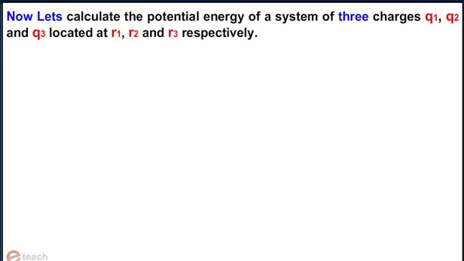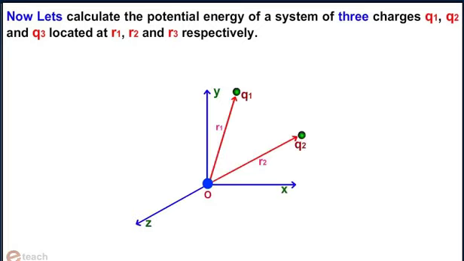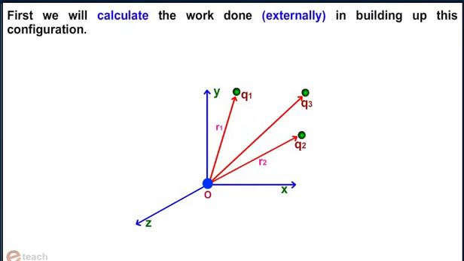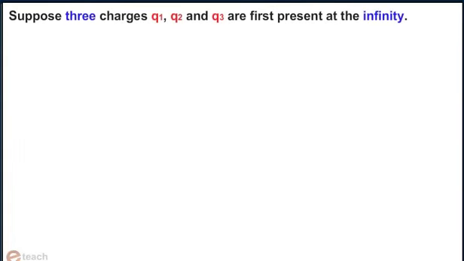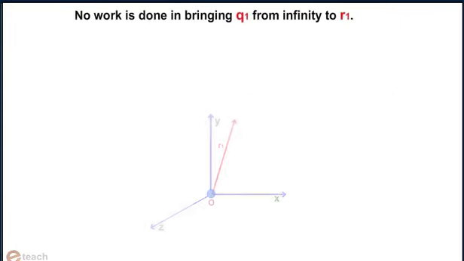Now, let's calculate the potential energy of a system of three charges q1, q2 and q3 located at r1, r2 and r3 respectively. Suppose three charges q1, q2 and q3 are first present at infinity. No work is done in bringing q1 from infinity to r1.